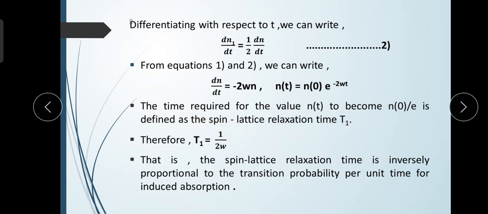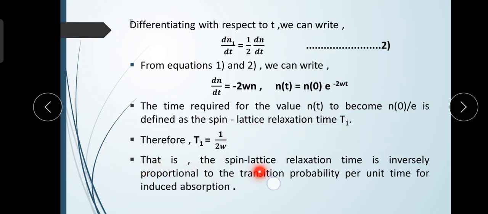That means the value goes from n of t to n of 0 by e, and this time is nothing but the spin lattice relaxation time t1, as already we mentioned. So therefore t1 is equal to 1 by 2w. So this is the relaxation time, and this is generally the spin lattice relaxation time t1.